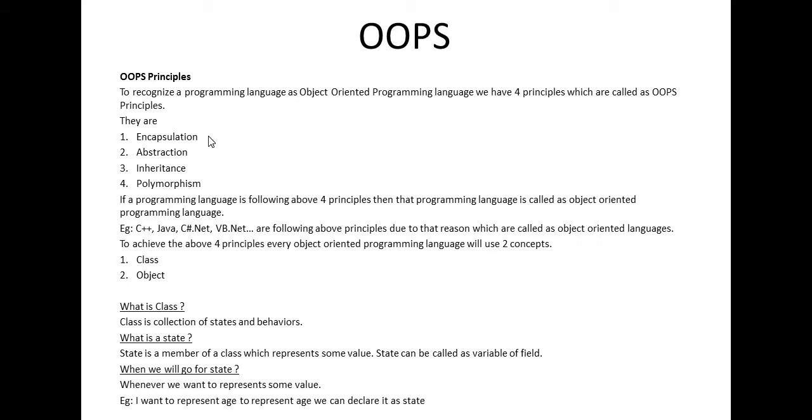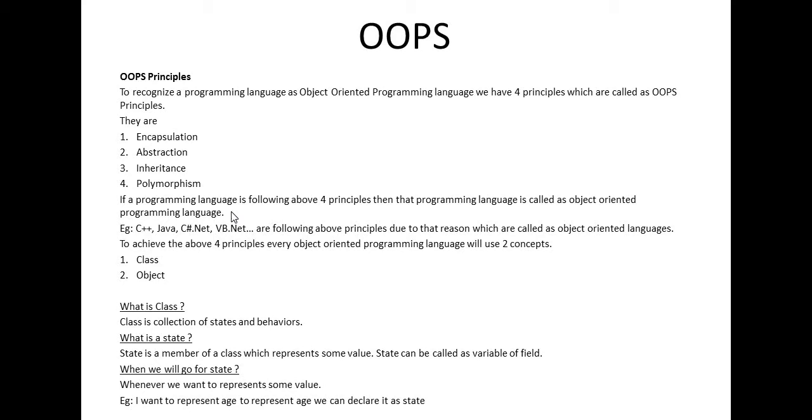Those principles are encapsulation, abstraction, inheritance and polymorphism. If a programming language follows the above four principles, then that programming language is called an object oriented programming language.